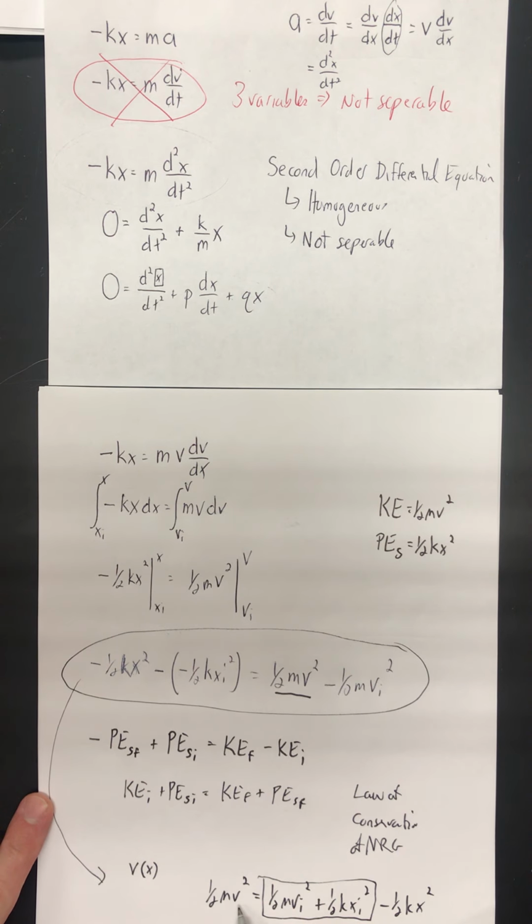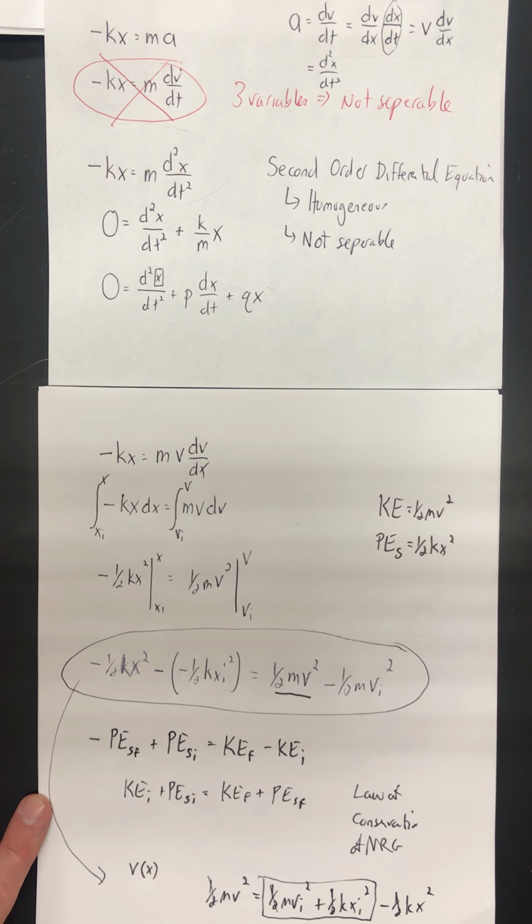But then I can solve this for v, right? So just divide through by m, and the 1/2 divide pretty easily, right? Divide through by m, so I've got v squared is equal to vi squared plus k over m xi squared minus k over m x squared.